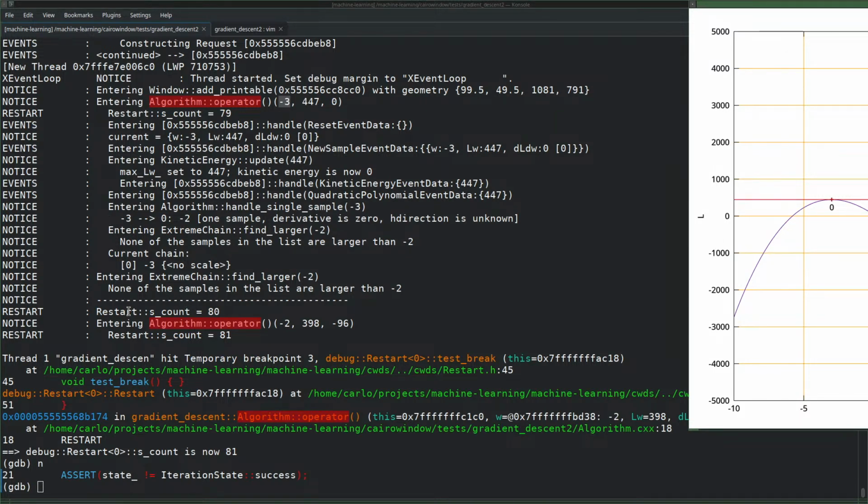Why is it not printing next probe is -2? Probably because it's just the first sample.